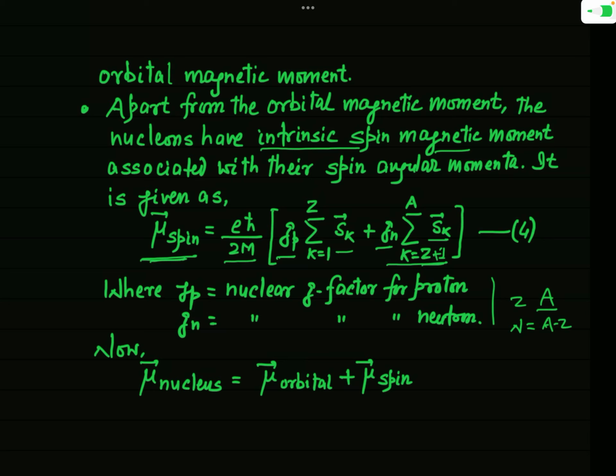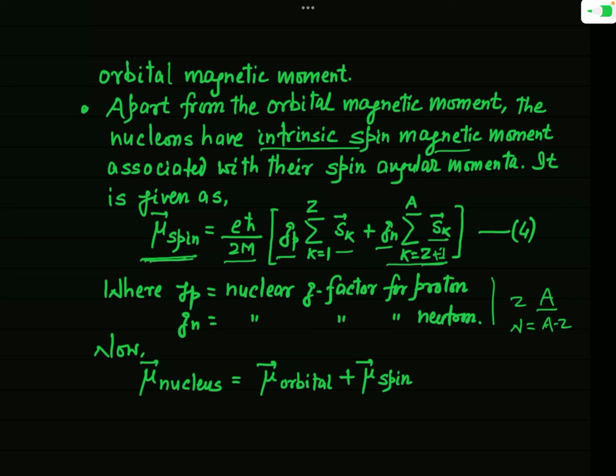So here the limits run from Z plus 1 to A. So this equation 4 defines the spin magnetic moment of a nucleus.